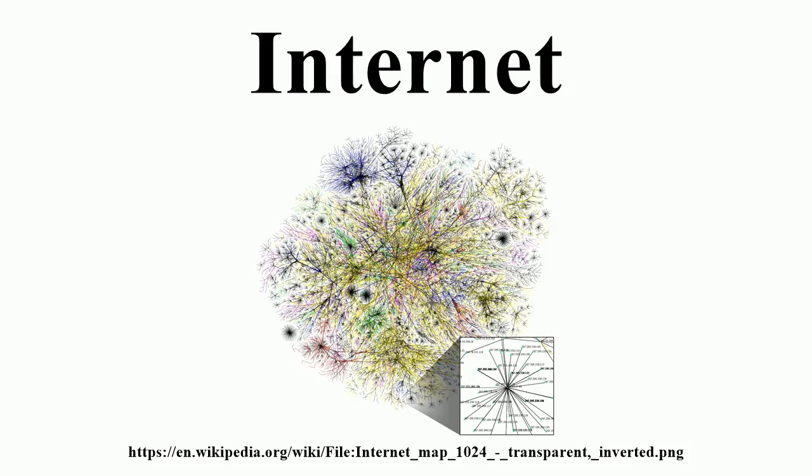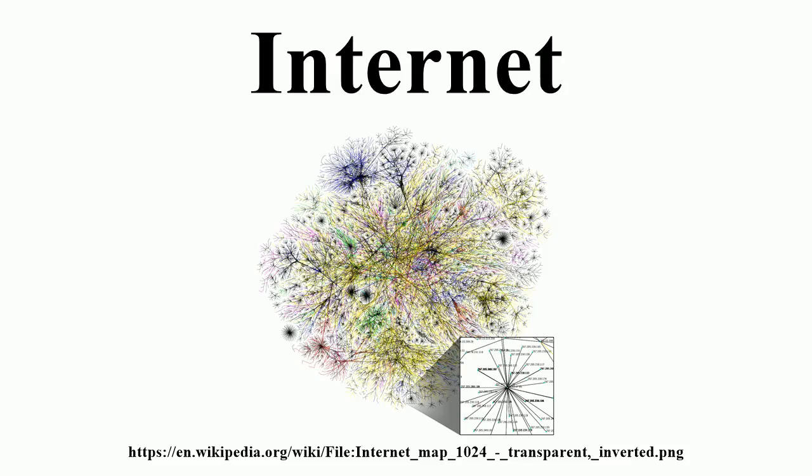An ISP may use a single upstream provider for connectivity, or implement multi-homing to achieve redundancy and load balancing. Internet exchange points are major traffic exchanges with physical connections to multiple ISPs.